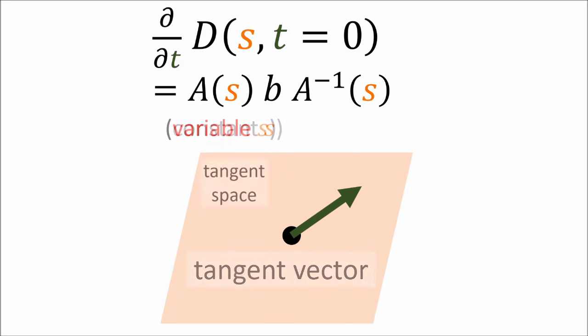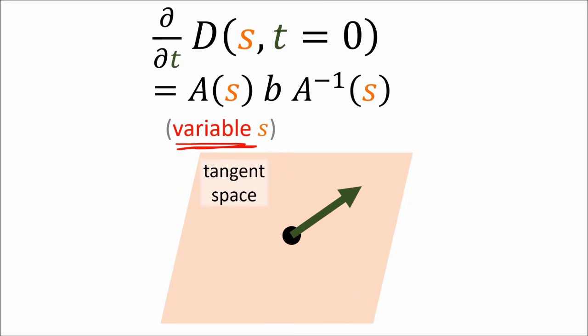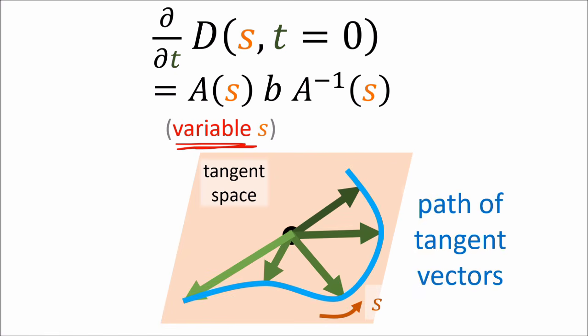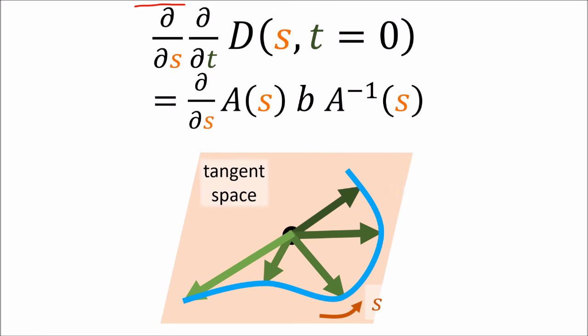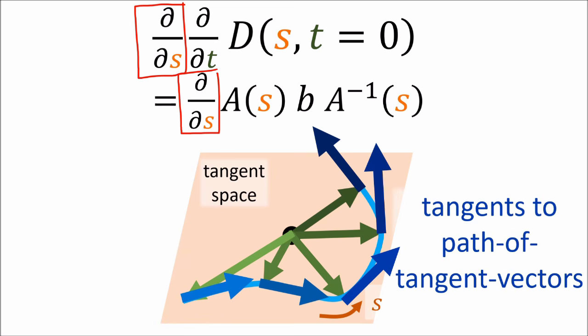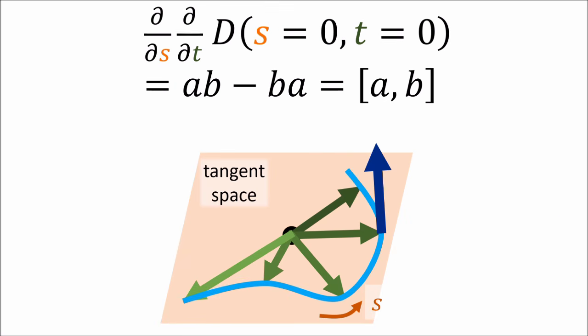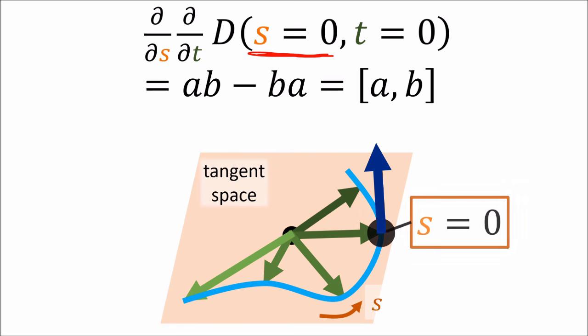Allowing s to vary, every value of s gives us a different tangent vector in the tangent space. So we get a continuous path of tangent vectors parameterized by s. If we then take the derivative with respect to s, we get tangent vectors along this path. And setting s to 0 gives us the specific tangent vector at the identity.